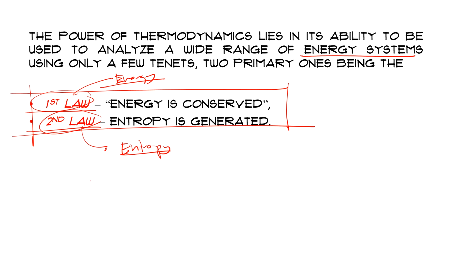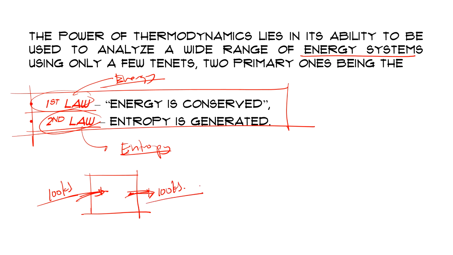That means that, let's say, here's our system, here's our engine, for example. If I put in heat here, let's say 100 kilojoules of heat or input energy, then what's going to be my output? When I say energy is conserved, that means that the maximum theoretical magnitude of energy that I can get would be 100 kilojoules.